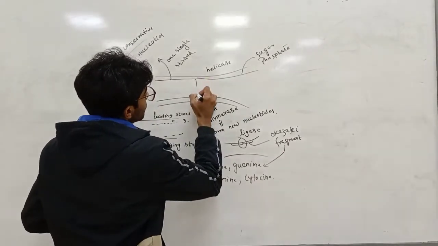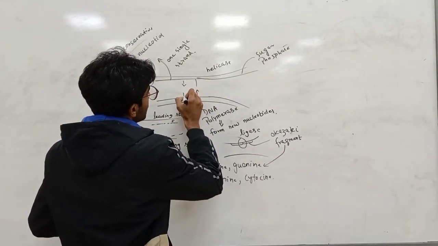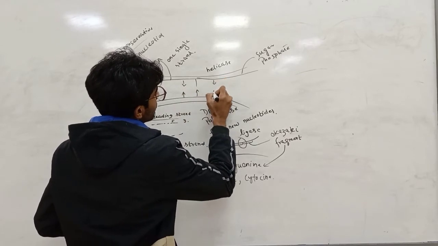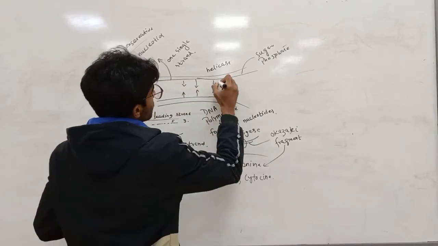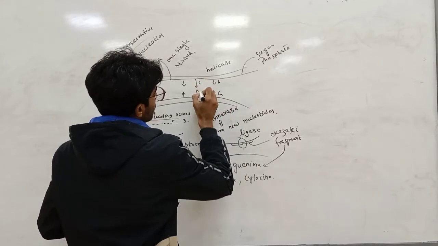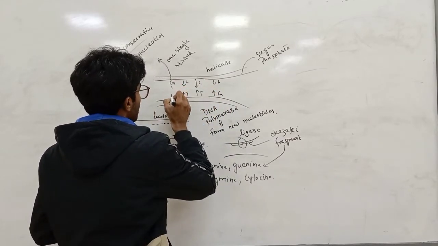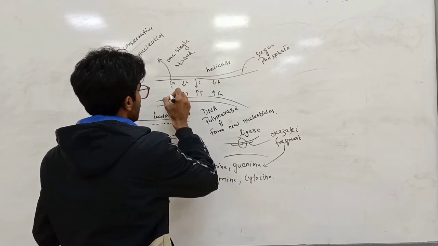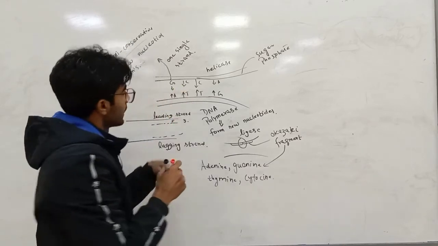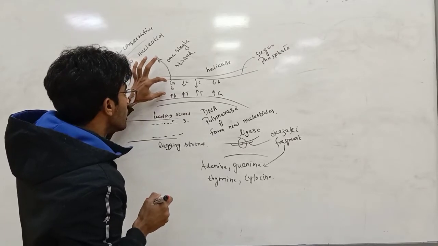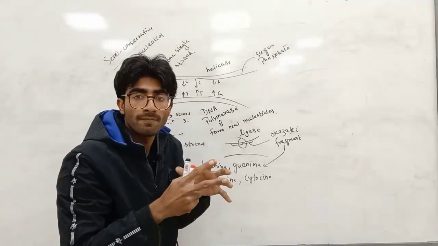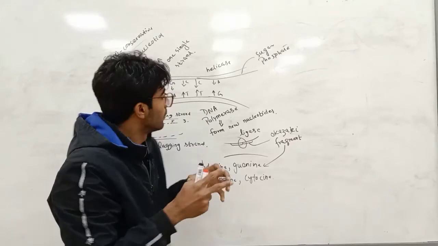Sometimes in the internal side of DNA, which we said is the nitrogenous base, okay? And adenine. So the connection between these two bases is not normal, it's abnormal.